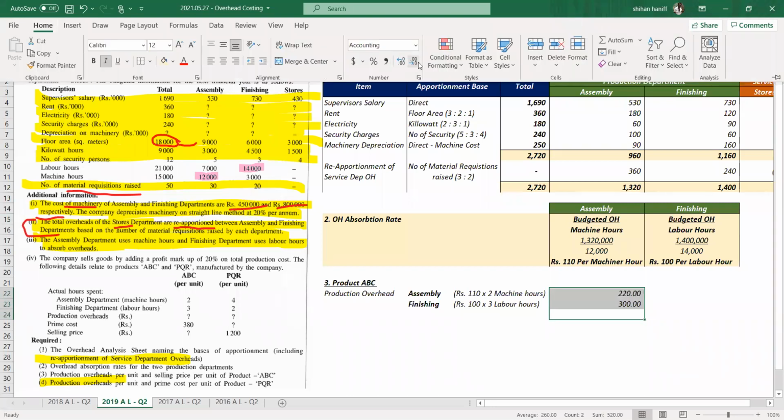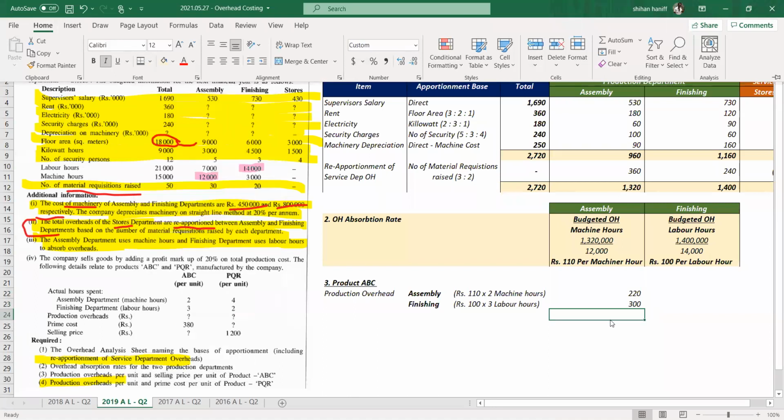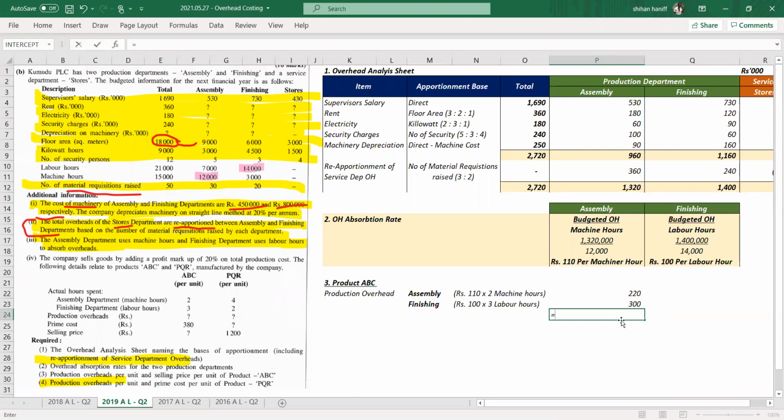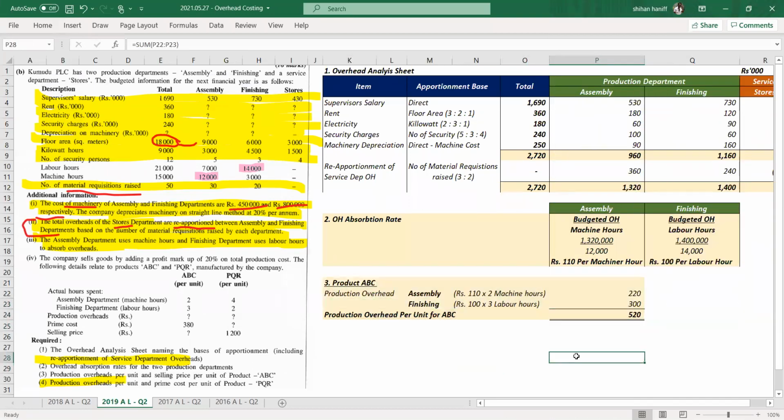So the total production overhead is the addition of the two, which is the production overhead per unit for ABC. 220 for assembly, 300 for finishing.